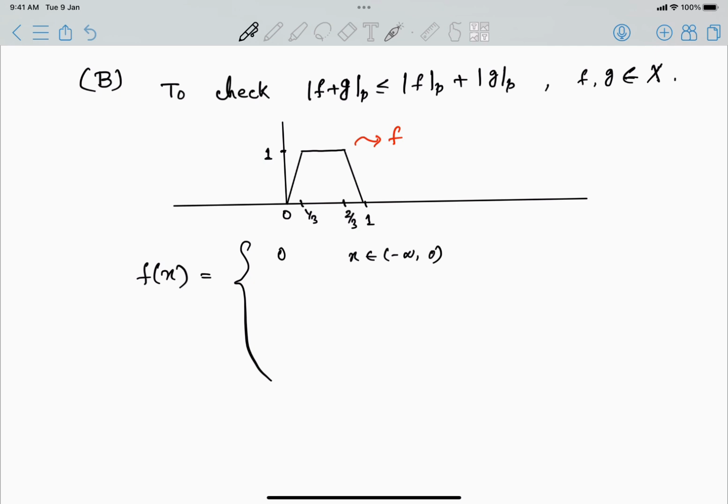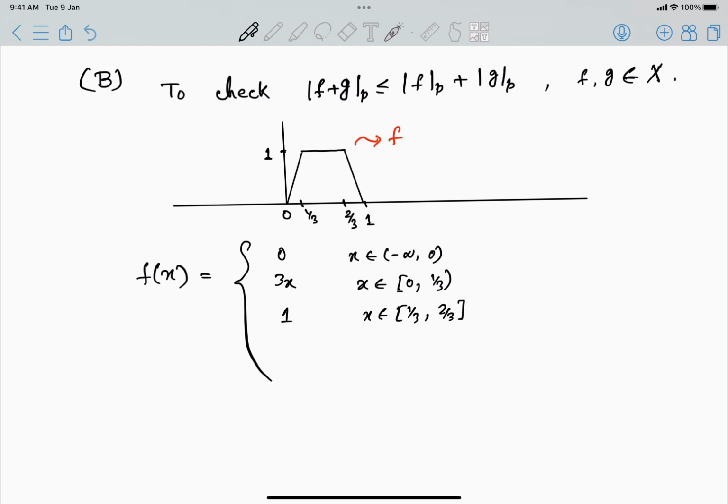On 0 to 1/3 it's a linear function, and at the point 1/3 it takes the value 1, so the function will be 3x, and at 0 it's 0. So this is for x from 0 to 1/3, and now it is 1 for x belonging to [1/3, 2/3].